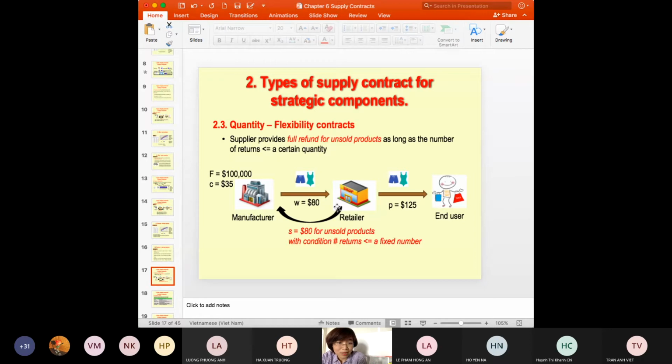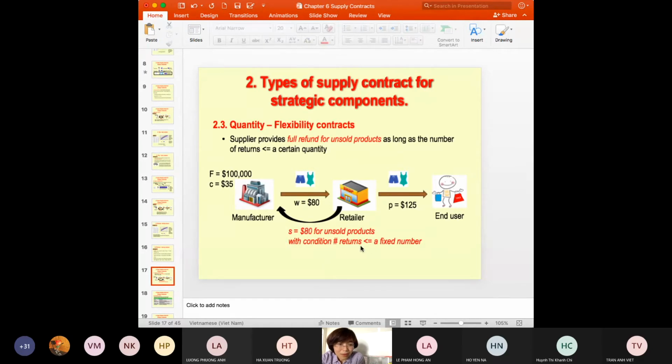The manufacturer sells the products to the retailer, right? That is the selling price. The retailer can sell back to the manufacturer at the buyback price, 80.